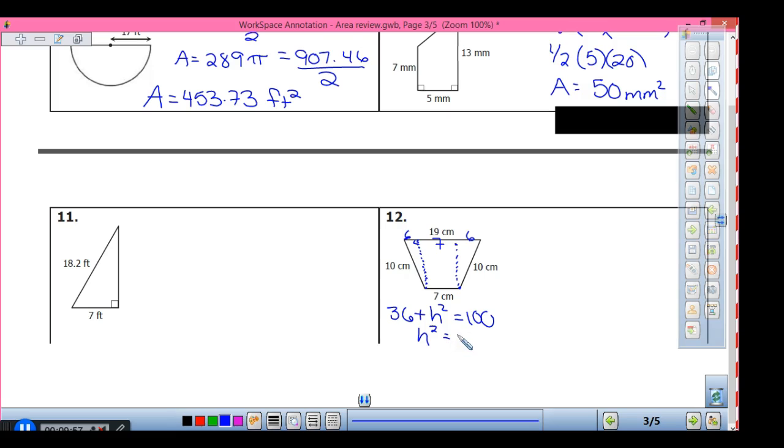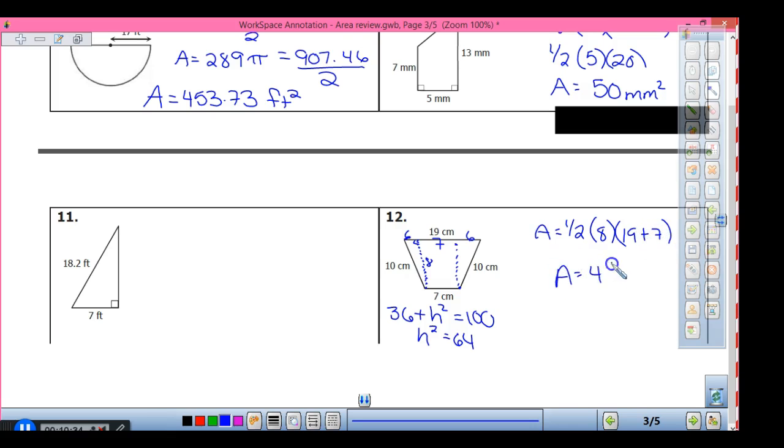So h squared equals 64. You guys should be participating rather than just pushing answers off. You should have these one step ahead of me. So h is what? 8. Okay, so then when I'm putting it in my formula, my area is 1/2 times 8 times 19 plus 7.